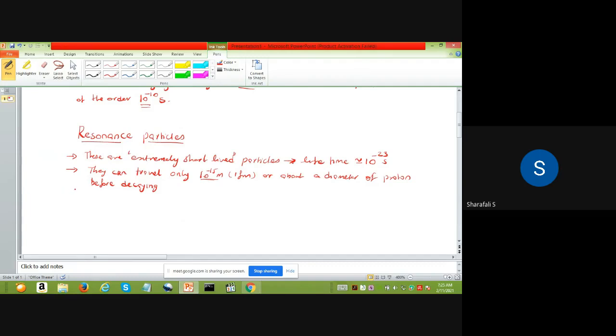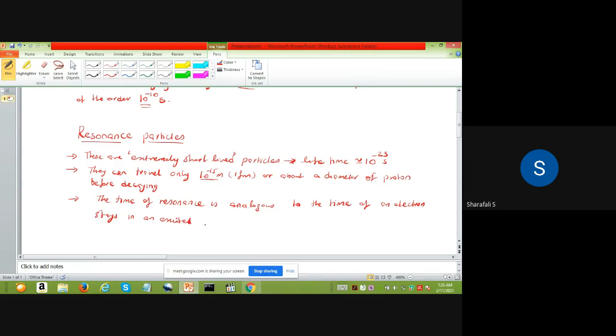The time of resonance is analogous to the time an electron stays in an excited state.